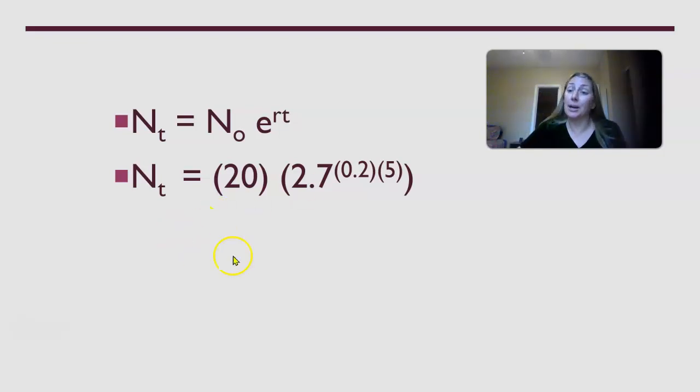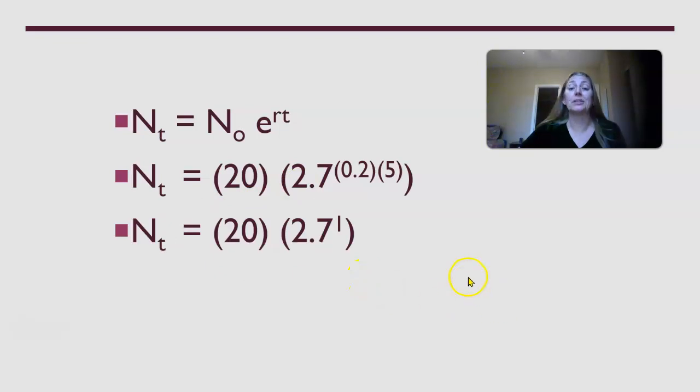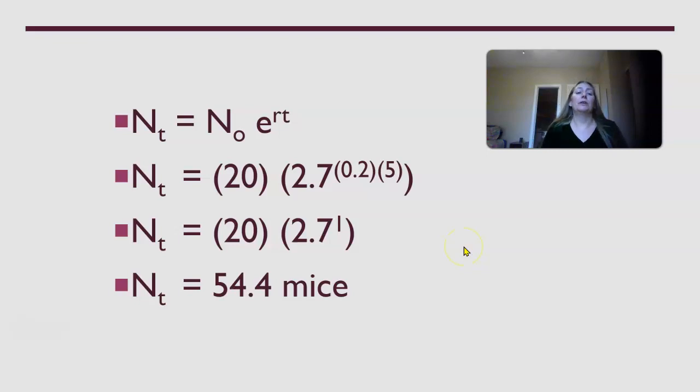So 0.2 times 5, if you multiply those two exponents first, is 1. This is a 1, not a letter L. Again, 2.7 is that constant, so 2.7 times 20. The final population after 5 years is going to be 54.4 mice. I know you can't have 4/10 of a mouse, but we're just going to leave it as a decimal here.